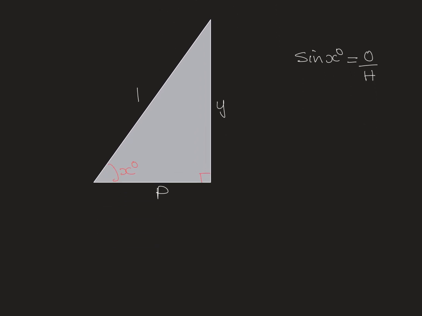We have to use the Pythagoras theorem, which states that the hypotenuse square is equal to the opposite square plus the adjacent square. For this triangle, this side is the hypotenuse, this side is the opposite, and this side is the adjacent if we are taking reference to x degrees.